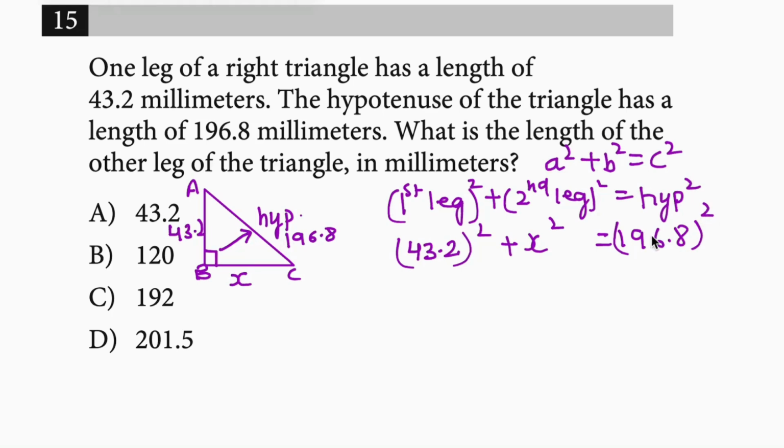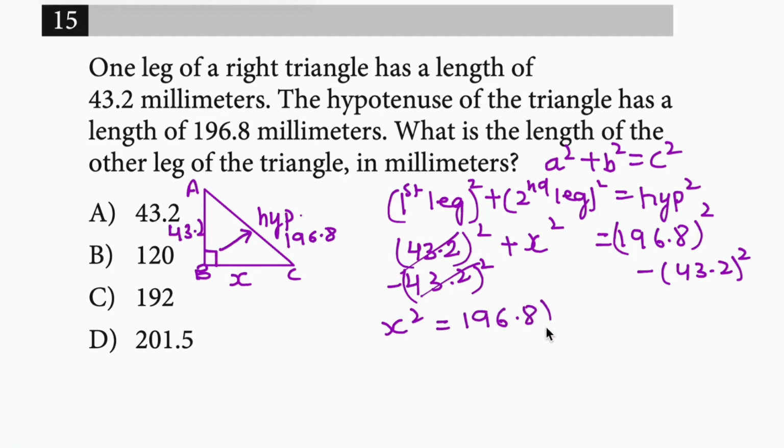Okay, because we need to find x, let's subtract 43.2 whole squared on both sides. So this will be cancelled and x squared is equal to 196.8 whole squared minus 43.2 whole squared. Okay, now let's use calculators.